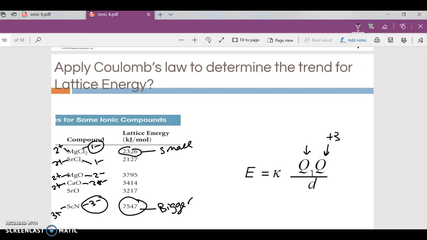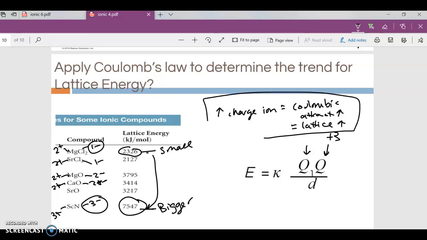If my Q becomes a +3, that's like a 3 times larger magnet here. It would make sense that you'd have this big sort of jump. As we increase the charge of the ion, I can see that my Coulombic attraction is greater, which is why my lattice energy, that value, that number in this table, is also increased. That would be my summary part for this part.